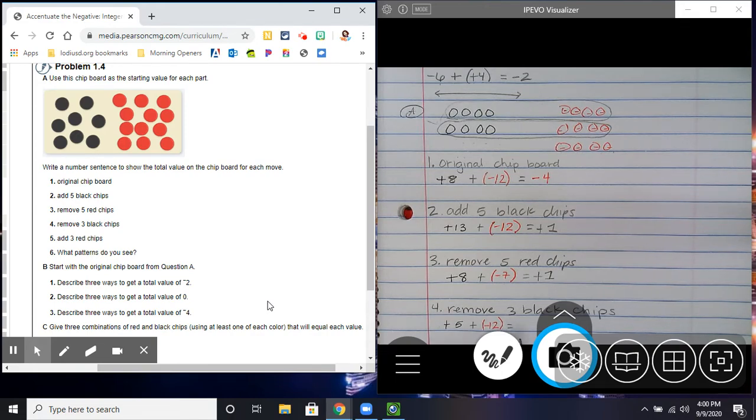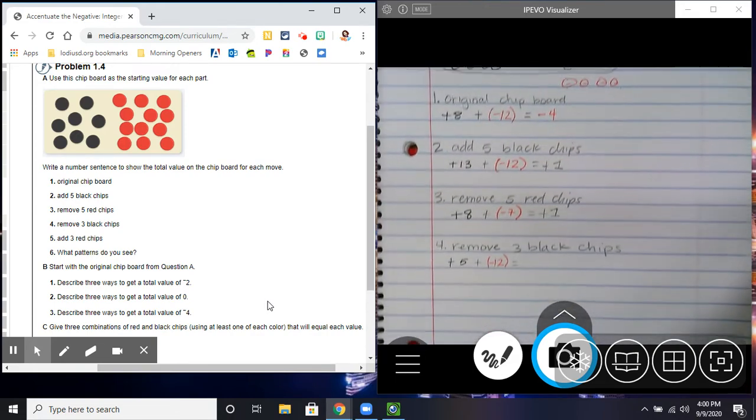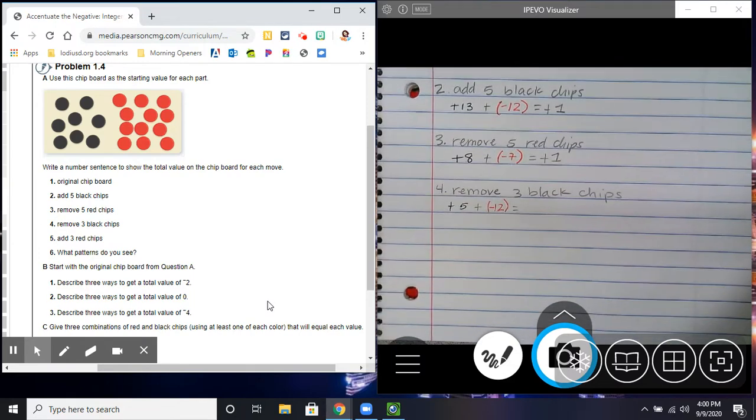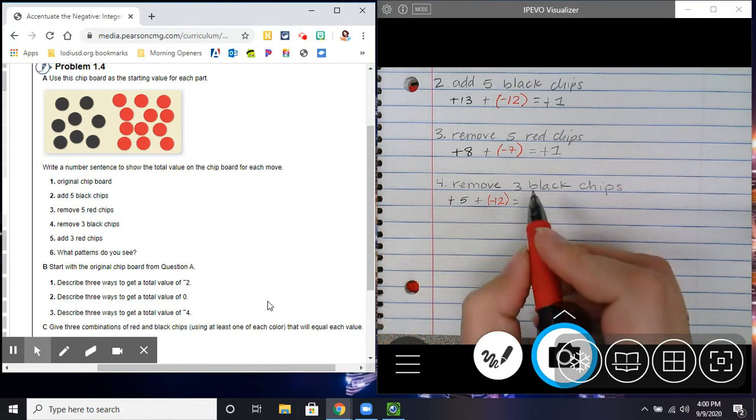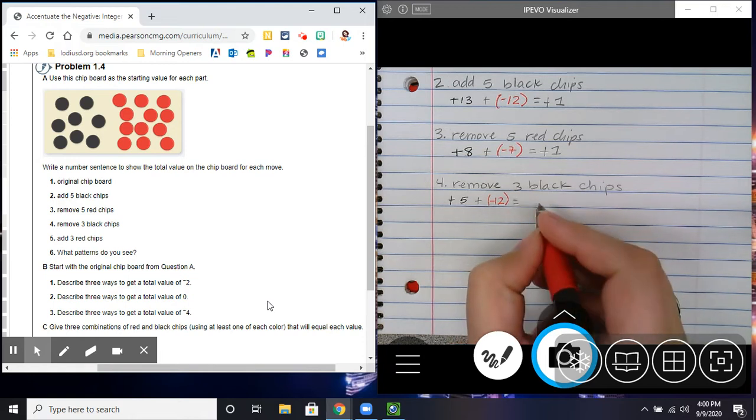So I'm going to keep my red pen. Then you have to figure out what the difference is. And the difference here would be, any guesses? -7.